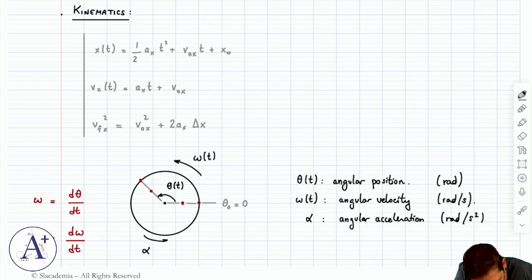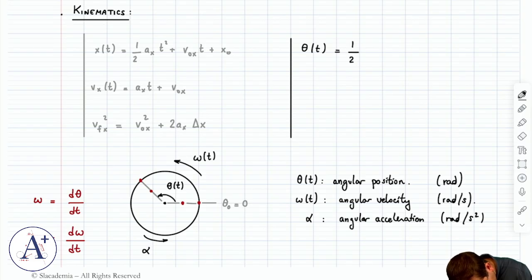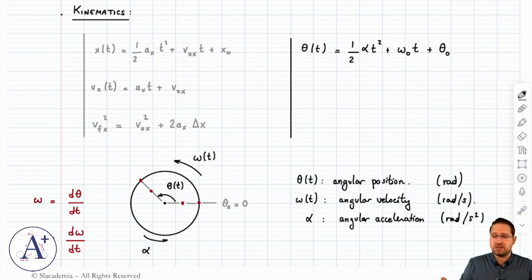And so in the rotational world, we're going to get position, which is given by theta of t, equal to 1/2 alpha t squared plus omega naught t plus theta naught. Omega naught is the initial angular velocity, that is how fast you're spinning at t equals 0.